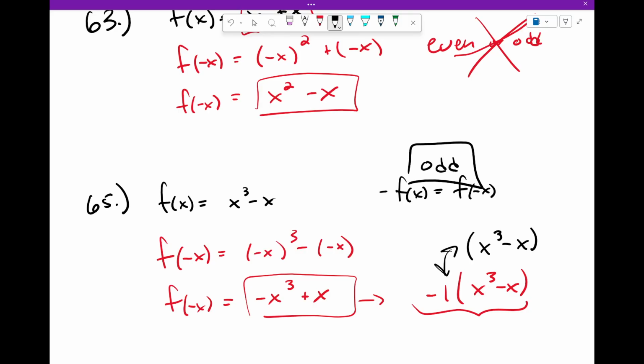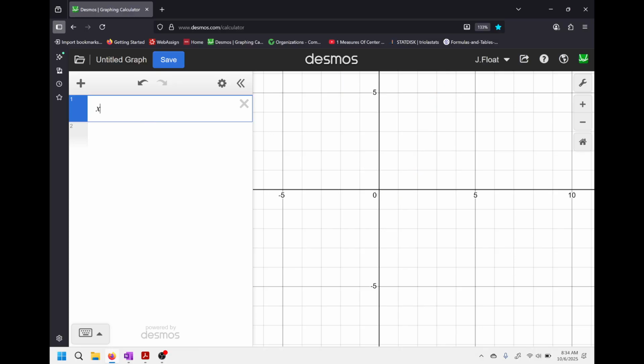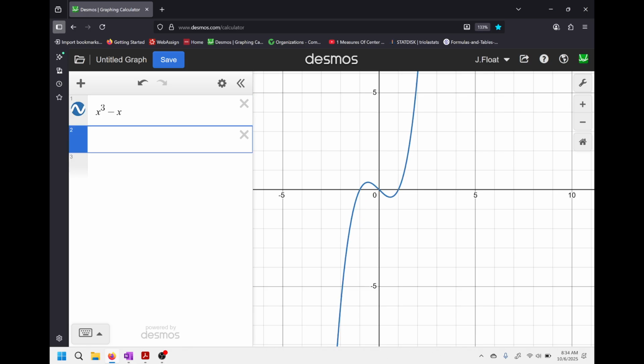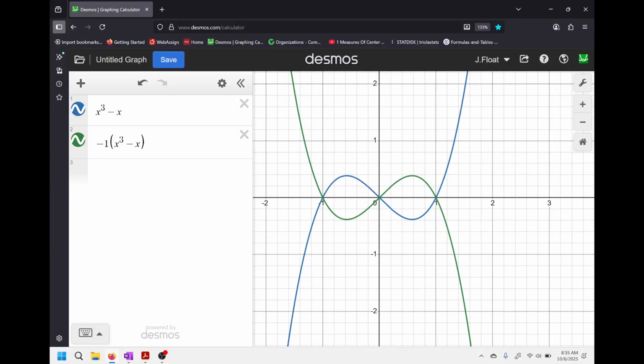And we can go ahead and verify that just by graphing it. So let's go ahead and graph this. So first one was x to the third minus x. And then this turned out to be negative 1, parenthesis, x to the third minus x again. And you can see just like how one is like reflected about the other.